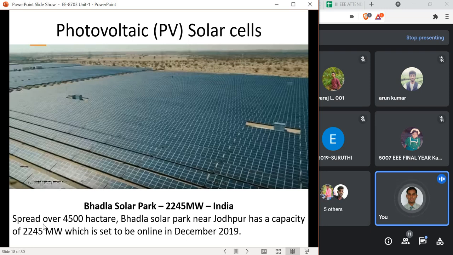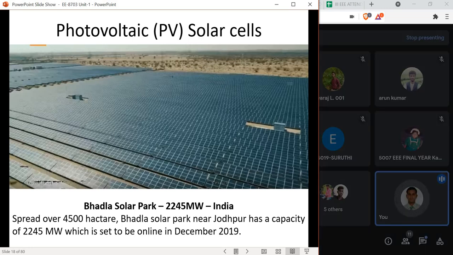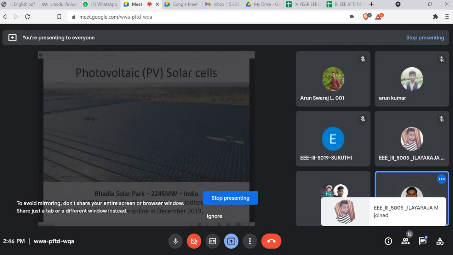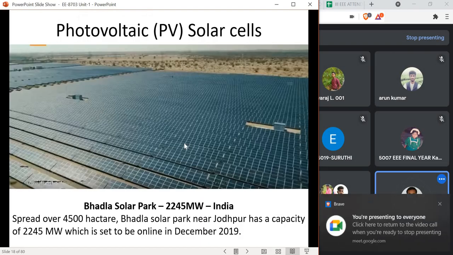The total area, just look at the slide, is 4,500 hectares. This 4,500 hectares is nothing but the total area of Samayapuram.